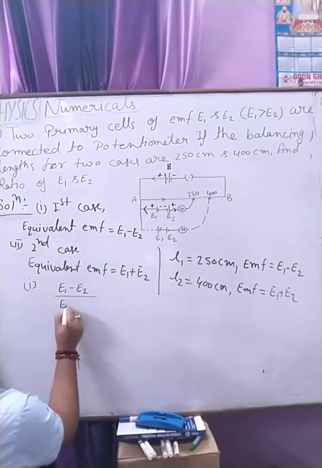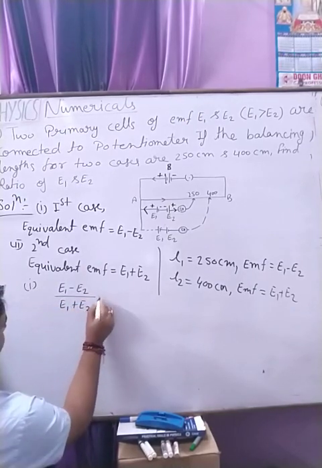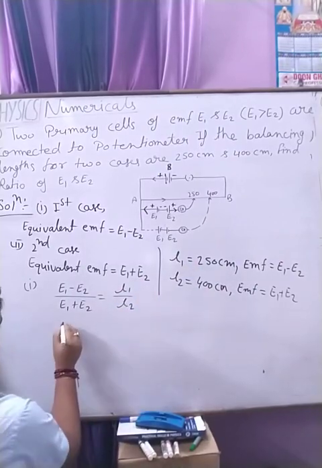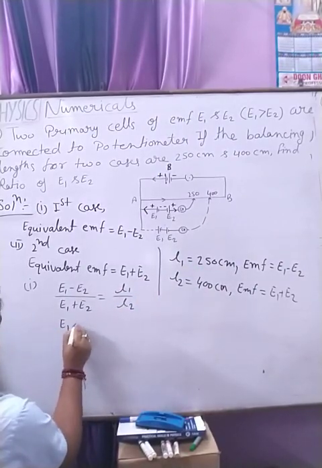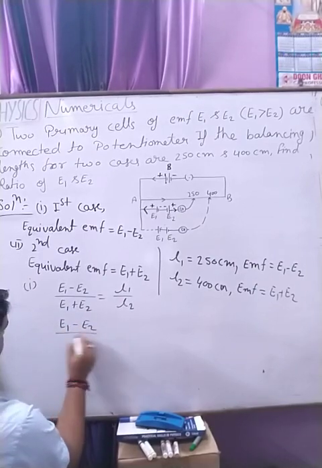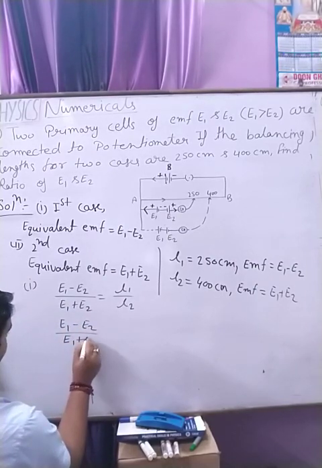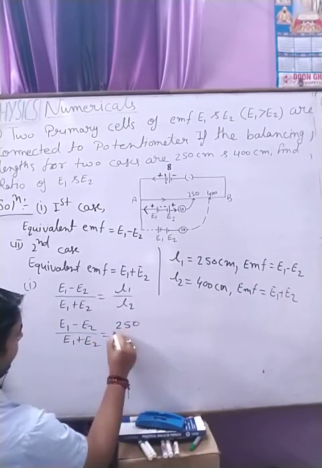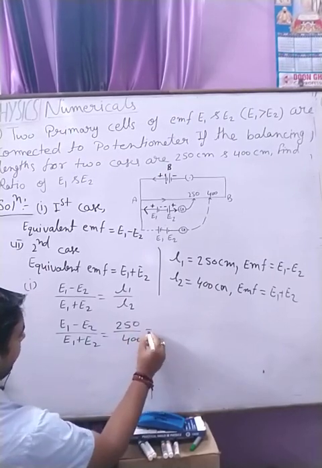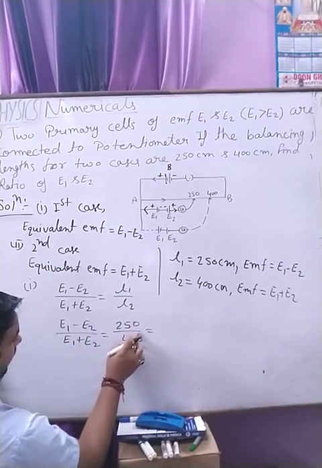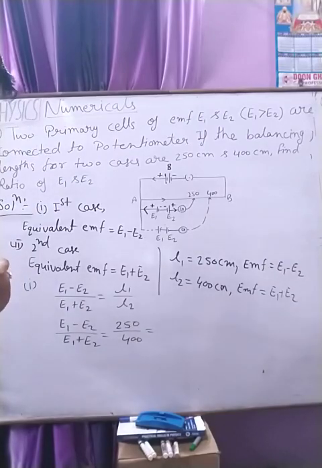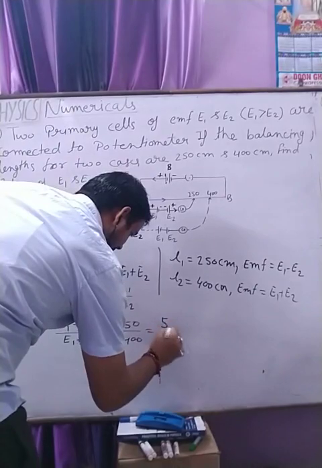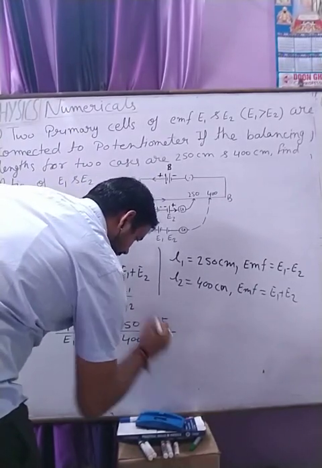upon E1 plus E2 is equal to L1 upon L2, the balancing lengths. So E1 minus E2 upon E1 plus E2 is equal to 250 upon 400. By calculating, dividing by 50, we get 5 upon 8.